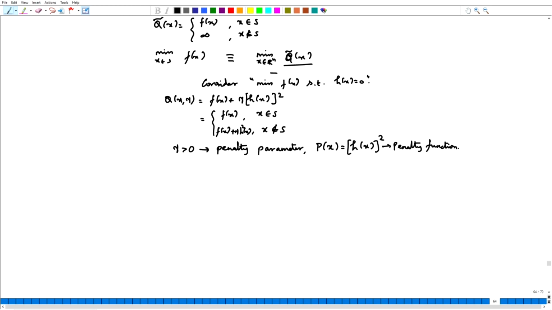So, what we are saying is that q of x comma gamma is f of x as long as x is in the constraint set. Okay. But when you move out of the constraint set, based on how close you are to the constraint set, this function actually levies a penalty. Okay. So, the farther you are from the constraint set, larger is the penalty that you face.